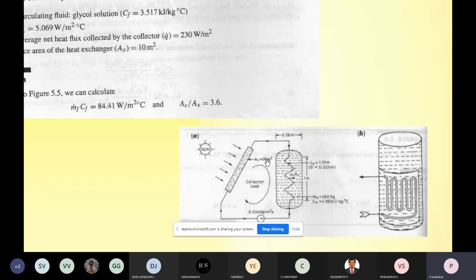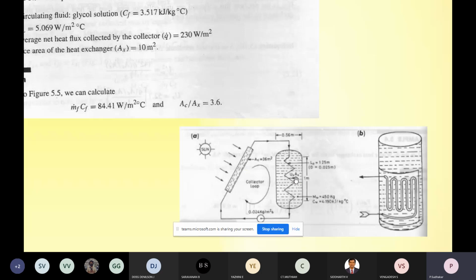Before that, we had a pump in between the storage tank and the heat exchanger. But here, whatever heat is collected from the collector flows through a coil in the storage tank. It is directly exposed to the storage tank without any secondary fluid.